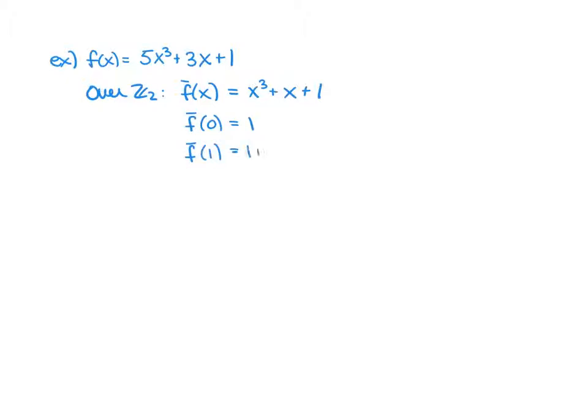If we plug in 1, we get 1 plus 1 plus 1, which mod 2 is equal to 1. So there are no zeros. And since this is degree 3, that means this is irreducible over Z2. And our mod p test says that means this is irreducible over Q.